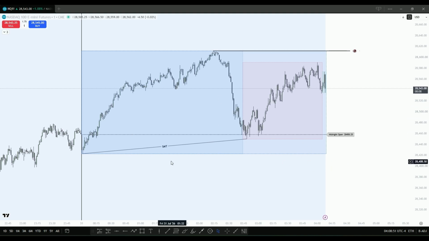Okay, as soon as SMT forms, you have to be on alert and start looking for your particular setup, the setup that you like. It can be the 2022 model, it can be a change in the state of delivery, it can be an order block, it can be Venom or the Gauntlet or whatever you like to trade.